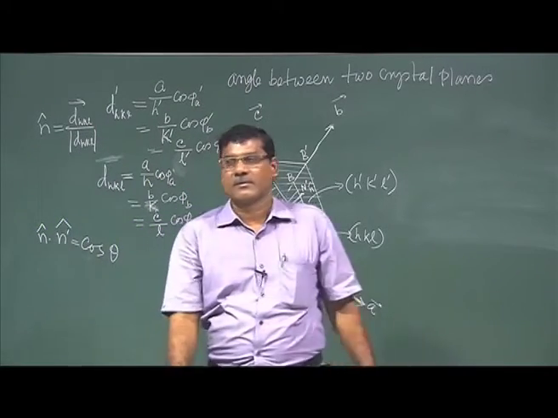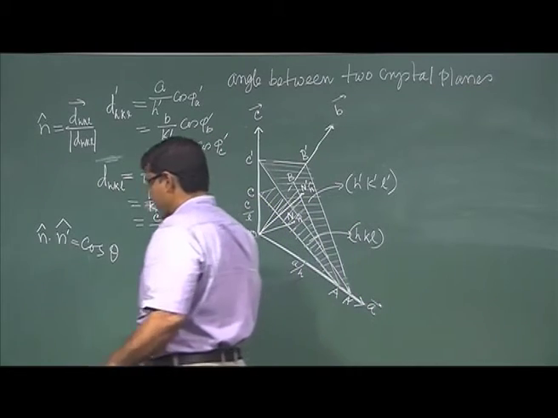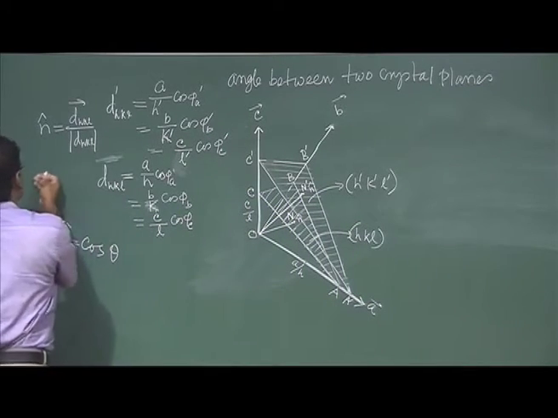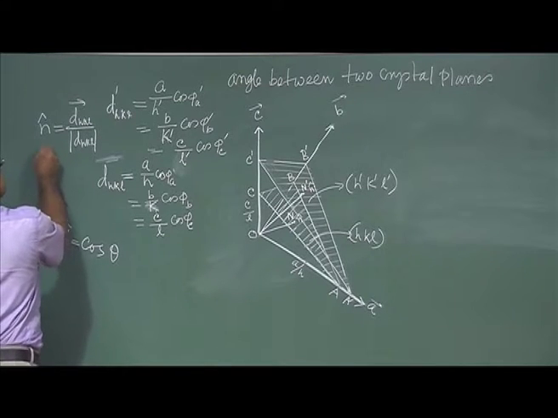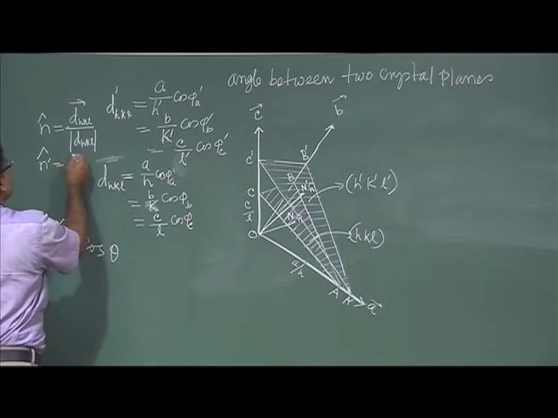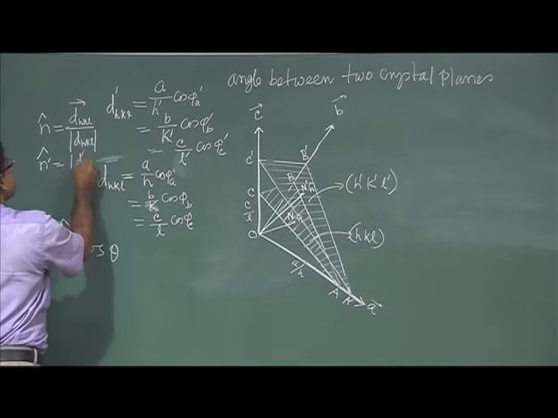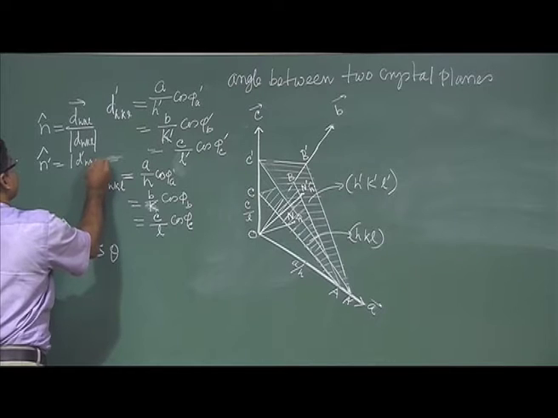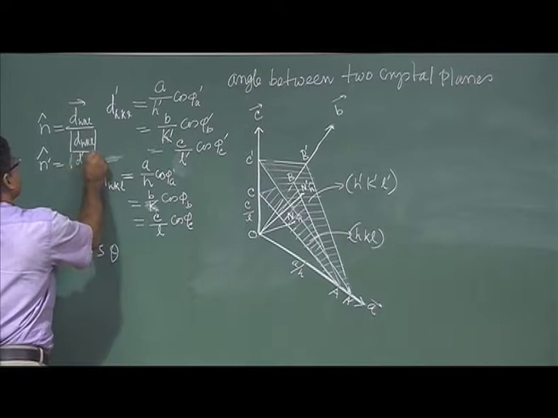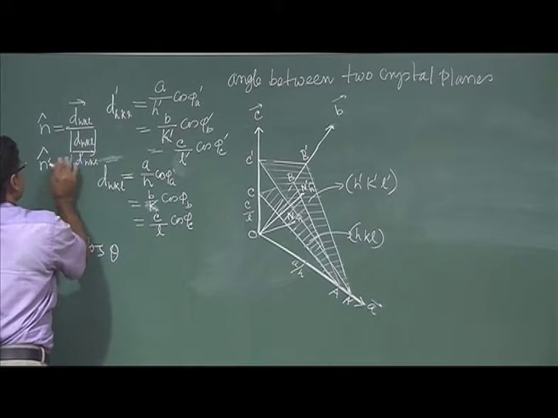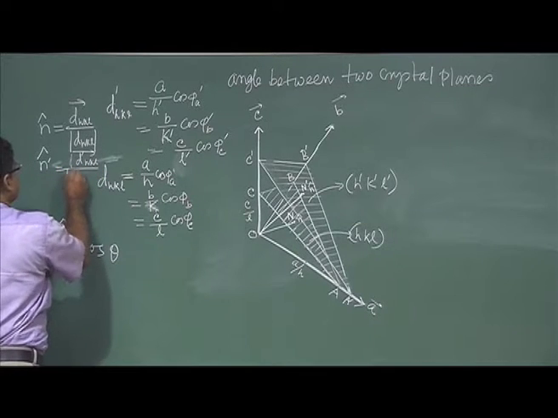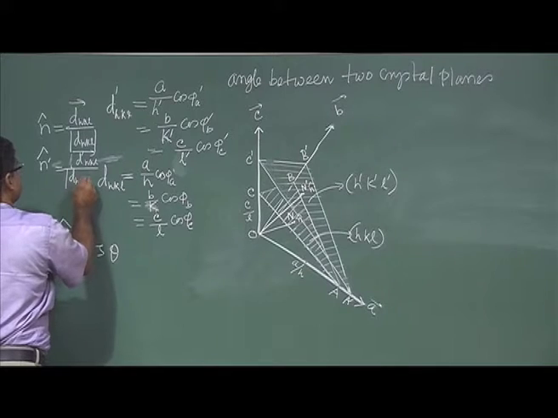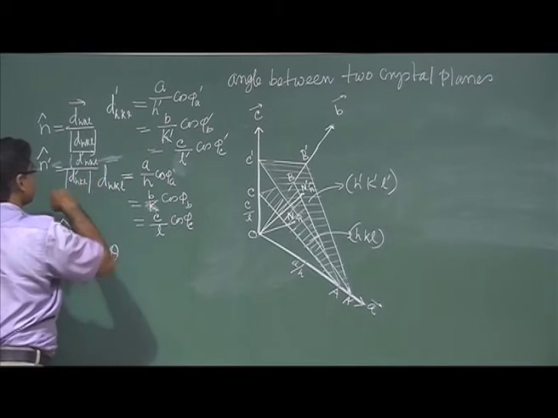So, that is how we define the unit vector. Similarly, n dash will be the d dash H K L vector divided by the magnitude of that one, H K L dash, right.